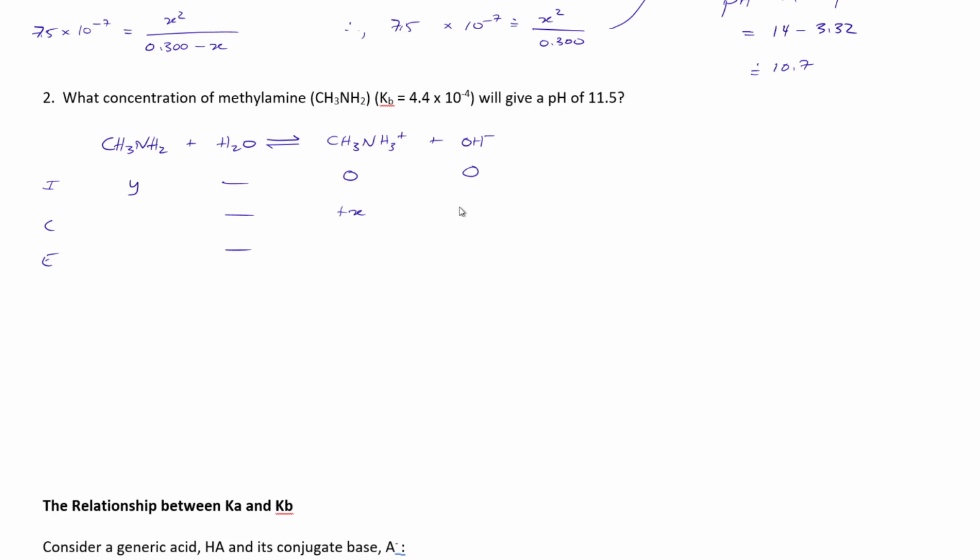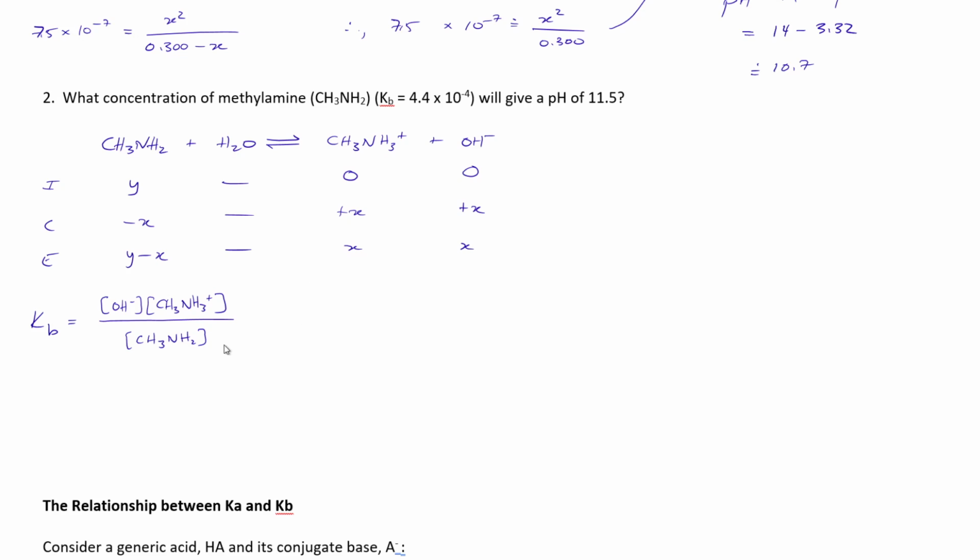It will shift right to produce them, and at equilibrium I have X and X, and then minus X, so I have Y minus X. I'm going to set up my Kb equation, which is equal to the concentration of OH minus at equilibrium times CH3NH3 positive, all over CH3NH2.